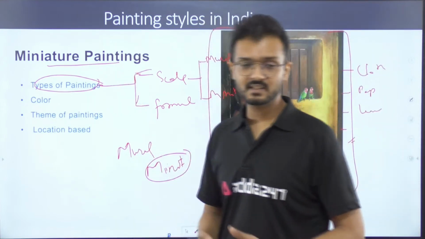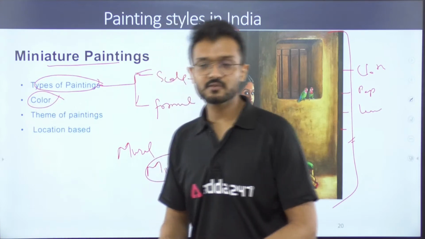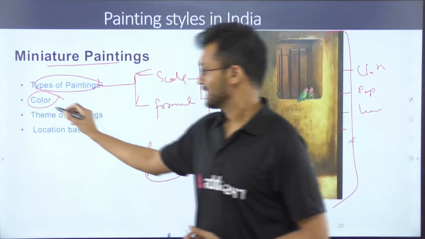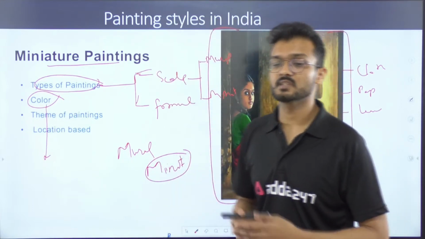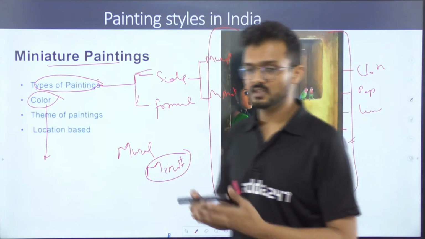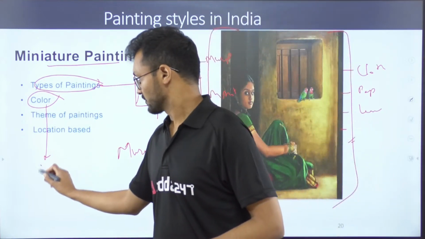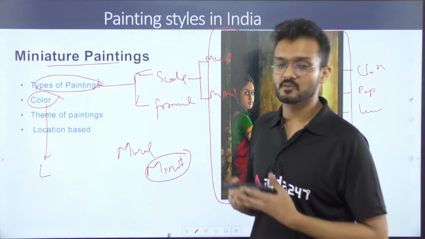And the second thing about the miniature painting is the colors. So in paintings we use different colors, and these colors are extracted from different sources. Today we generally have chemical based colors, but in the past we drew color from different vegetables, from different fruits, from the rocks also.